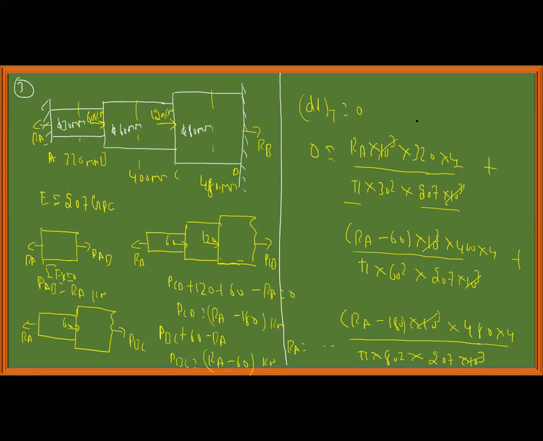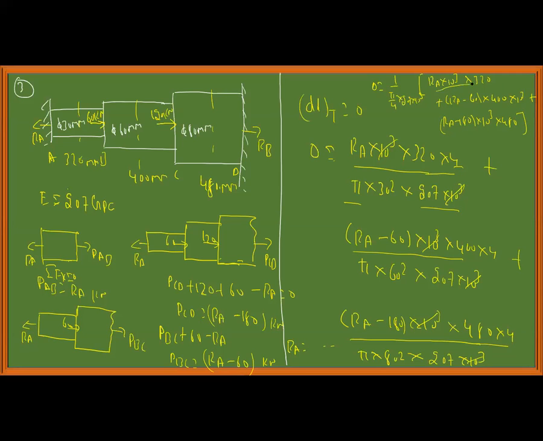What you can do: 0 is equal to 1 by (pi by 4 into 207 into 10 power 3) into [RA into 10 power 3 into 320 plus (RA minus 60) into 400 into 10 power 3 plus (RA minus 180) into 10 power 3 into 480]. Can you solve this?